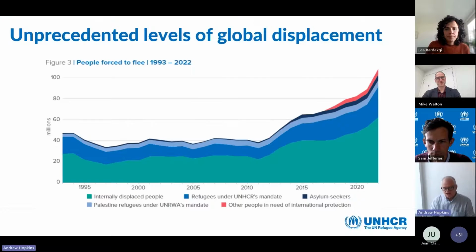We've seen, across all our work, unprecedented levels of global displacement. By the end of this year, we're looking at well over 130 million displaced persons globally. This is a huge number, and it gives you an idea of the scale of our work and how many individuals we want to access and help when we do our work.